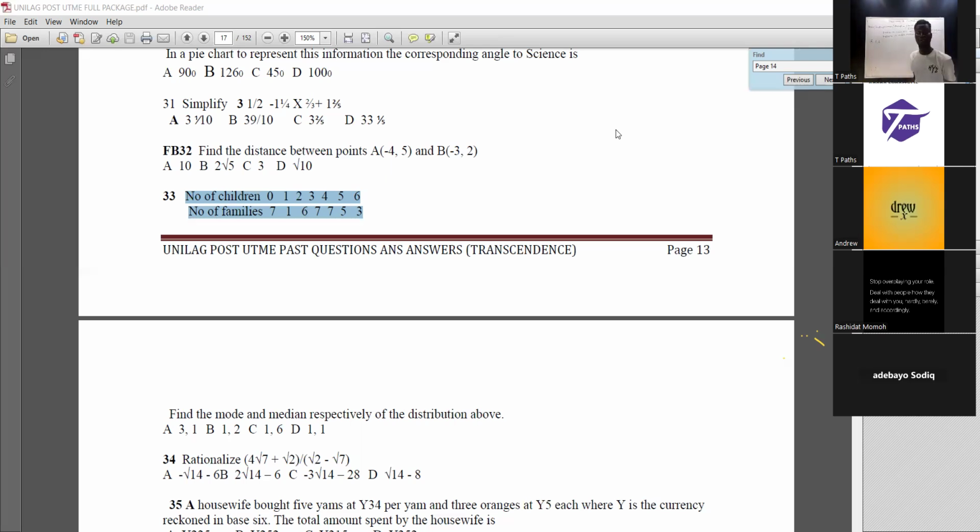That's A. Any other answer? B. Okay, option B. Okay, the girl, option B. You have to confirm which of them is correct.